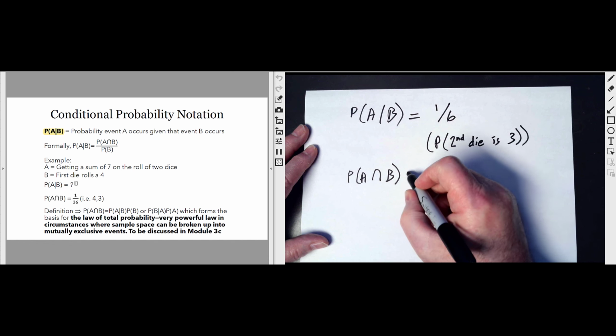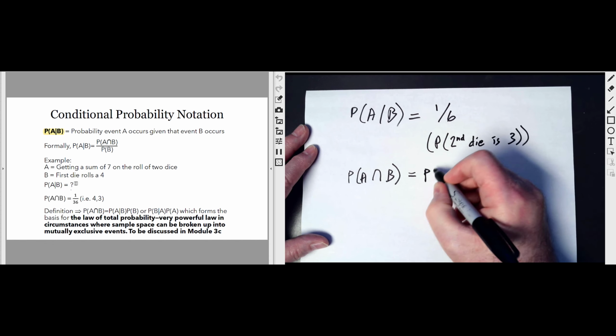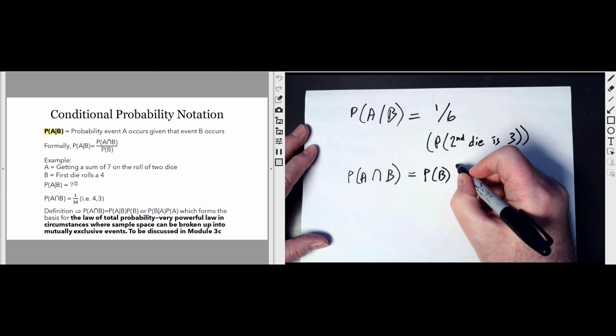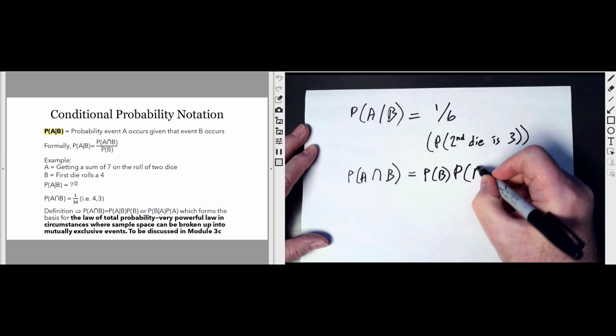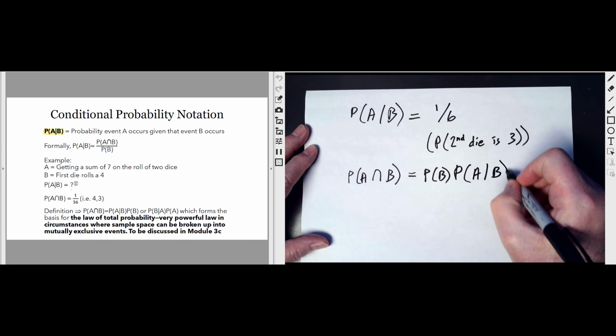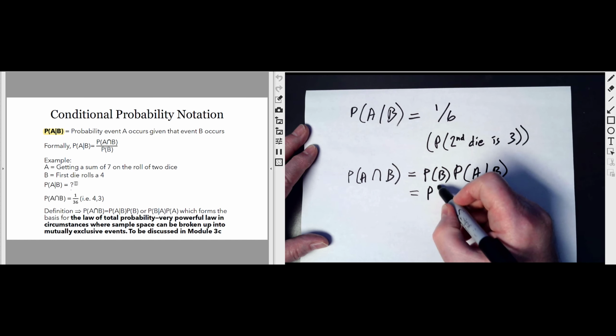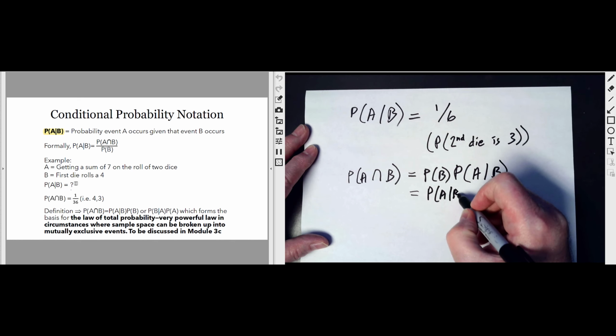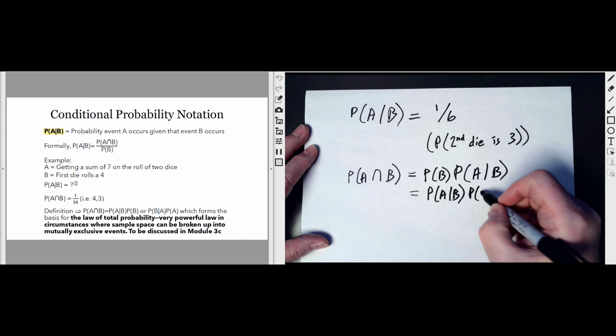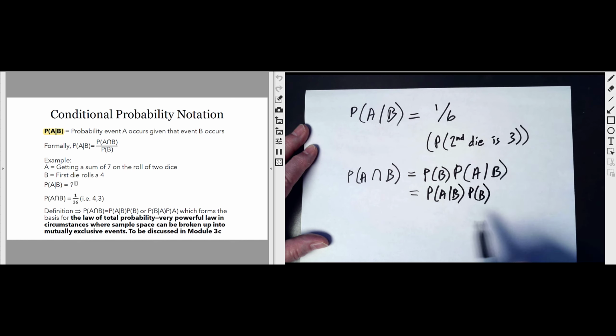It's going to be the probability of B times the probability of A given that B is true. Actually, that's usually written the other way around, as probability of A given B times the probability of B. This is just an alternate way of writing our definition of conditional probability.